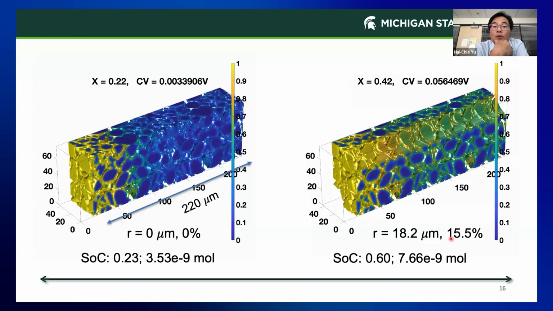And for this one, you can see lithium can reach the back of your electrode, right? And then they have a lateral diffusion to fill up almost your entire electrode. And for this specific tunnel, you can reach almost 60% utilization.